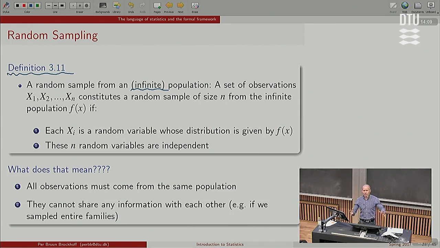Like if you are investigating cancer treatments or diabetes treatments or depression treatments, just to take a few of those treatments that some of the larger pharmaceutical companies in the Copenhagen area are working with, then your population of interest is all future patients that have this particular illness, right? It's pretty abstract and infinite. You don't know how many they are, you don't know who they are. It's a science, so scientific populations are often abstract and infinite.